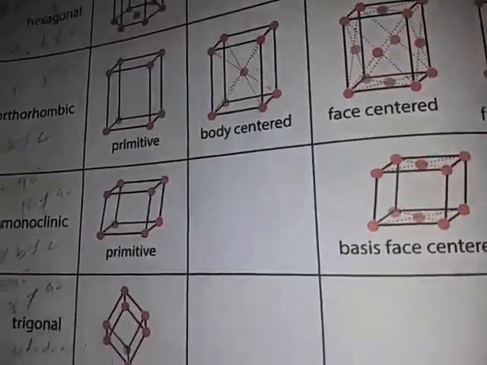Now we are going to learn about the types of unit cell, here the simple cubic unit cell. For the simple cubic unit cell, you have to draw it like this.